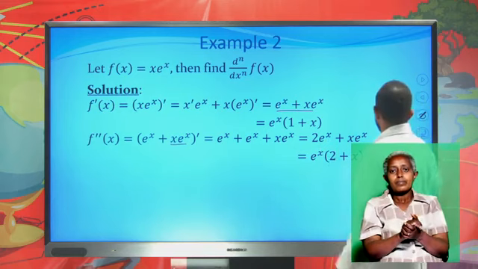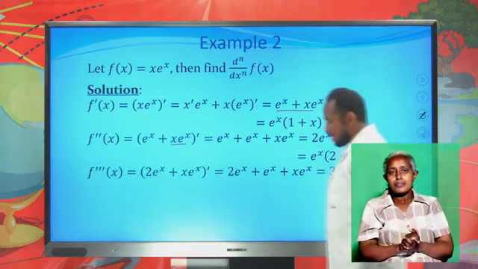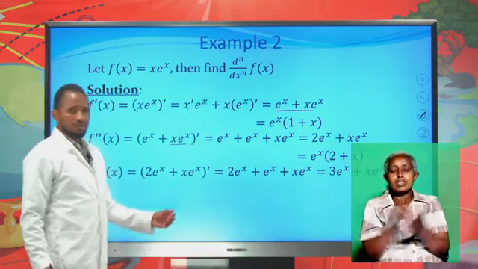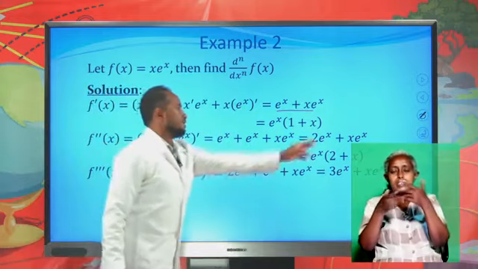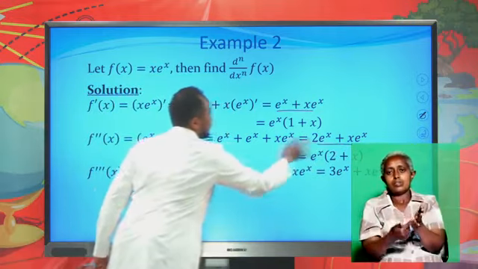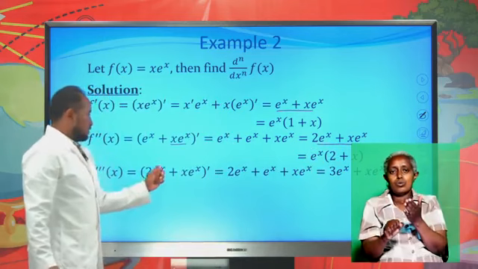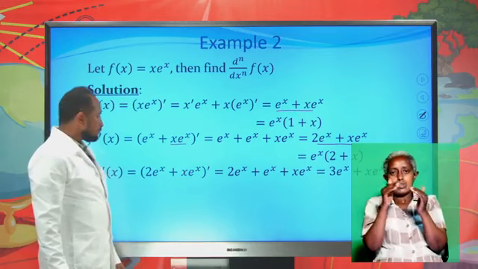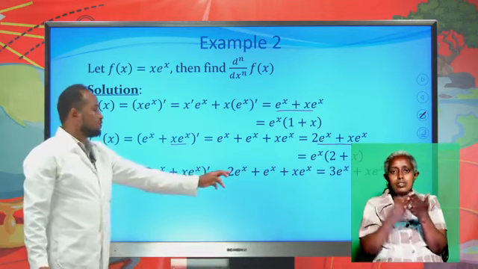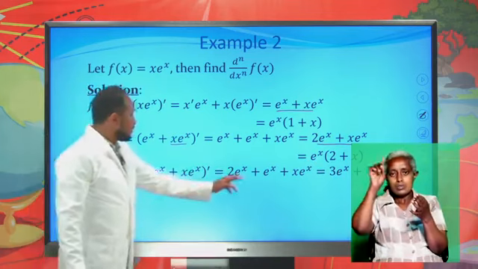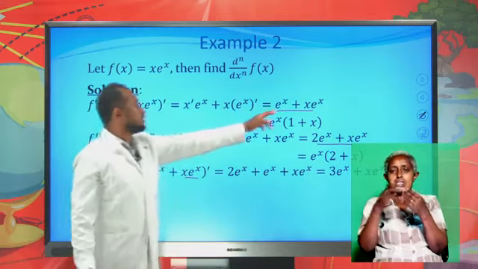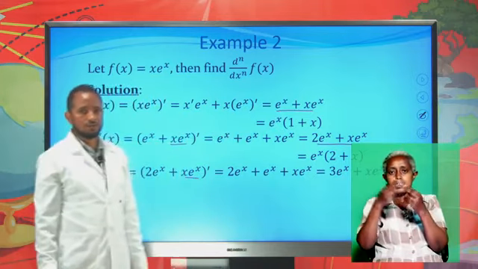Now again, let's continue. Let's try to find the third derivative. For the third derivative, you differentiate the second derivative. The second derivative is 2 e raised to x plus x times e raised to x. The derivative of this part is 2 times e raised to x plus the derivative of x times e raised to x. Simply we have found this result there, x times e raised to x, it is e raised to x plus x times e raised to x.